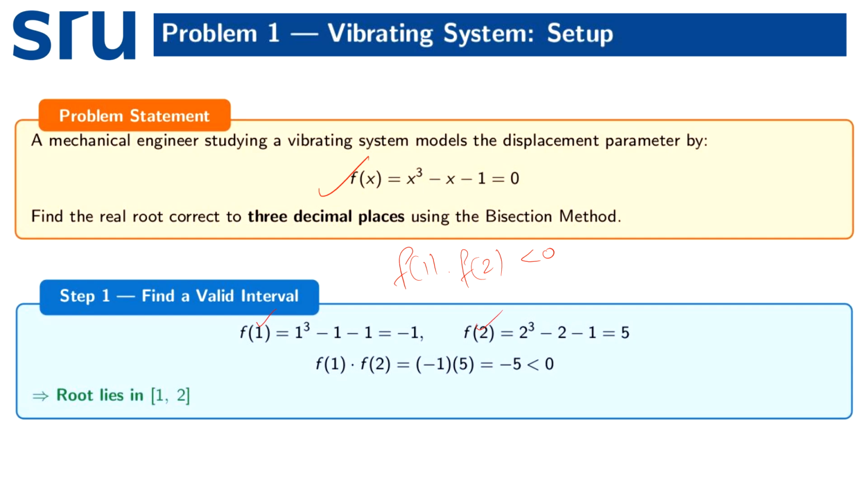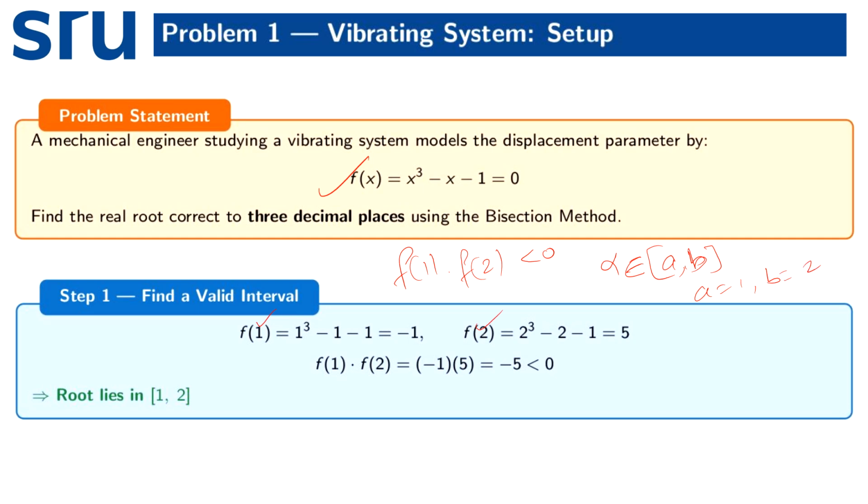This condition will ensure that the root alpha, or x, whatever you call it, will lie between a and b, where a equals 1 and b equals 2.